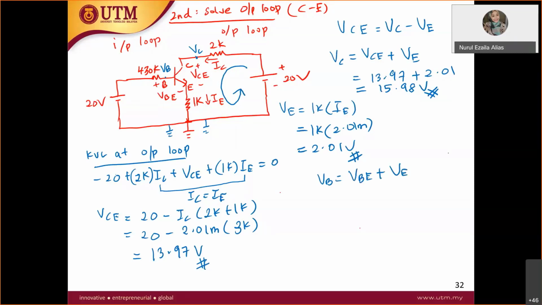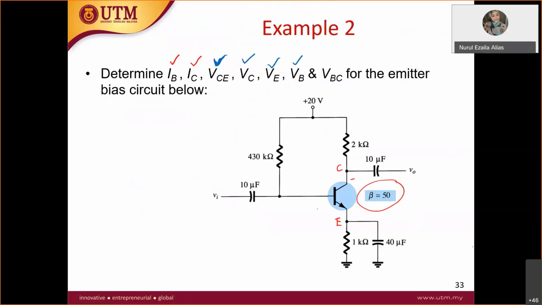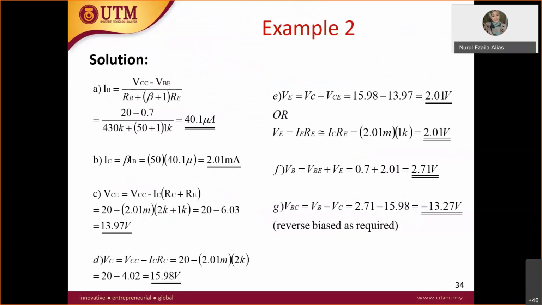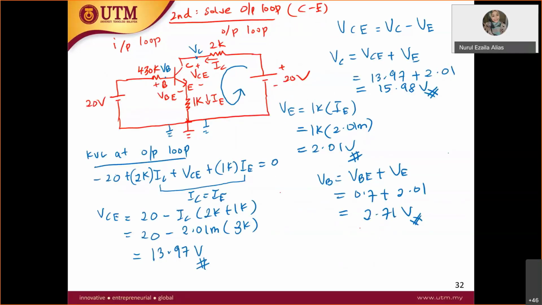So 0.7 plus 2.01, you will get about 2.71 volt. Next, how do you calculate VBC? VBC is equal to VB minus VC. Can someone calculate for me, VB minus VC?